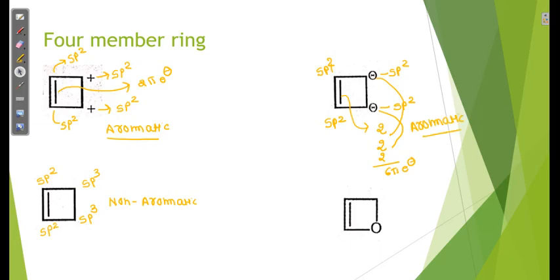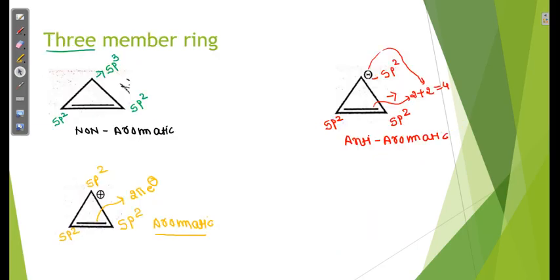Let us check this. This is sp2, this is also sp2, this is also sp2, but dear student, this is sp3. So according to this chart, let us go back.